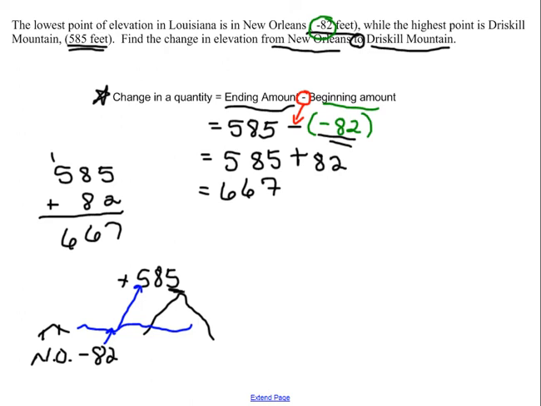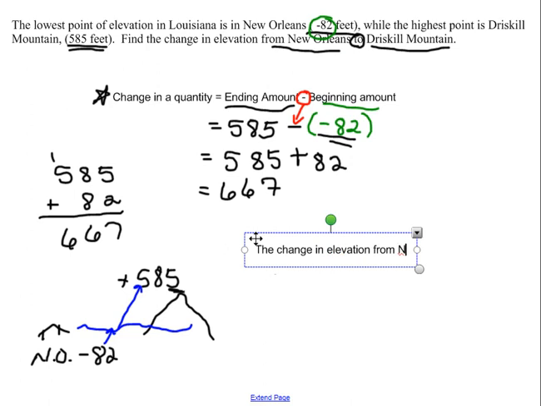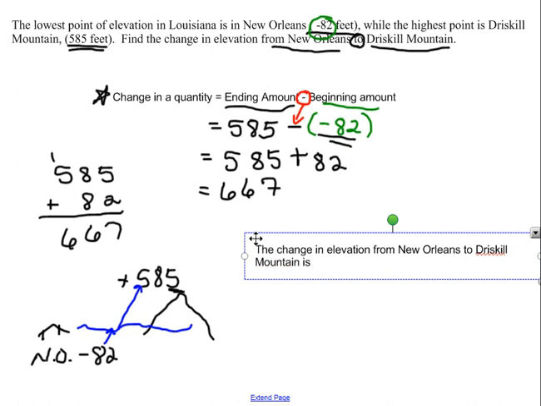Now we have to be sure that because this was a story problem, we want to be sure that we give our answer clearly in a sentence. So they asked us to find the change in elevation, so we would say, the change in elevation from New Orleans to Driscoll Mountain is, we said 667, and remember our units for this, it wasn't in meters or in yards or miles or hours or minutes, it was in feet, so 667 feet.